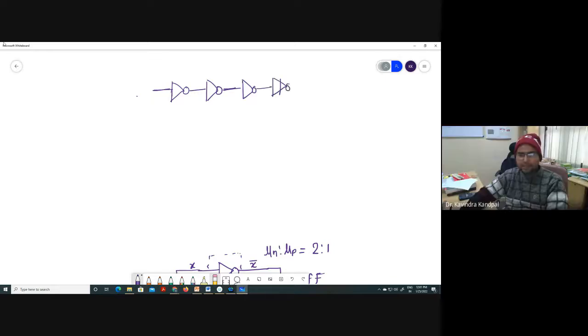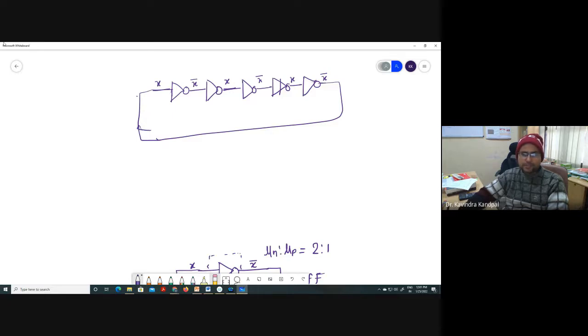Let's say I have a CMOS ring oscillator and I have connected 5 identical inverters together like this. If this is X, this is going to be X bar, this is X, this is X bar, this is X, this is X bar. There is no stable state.